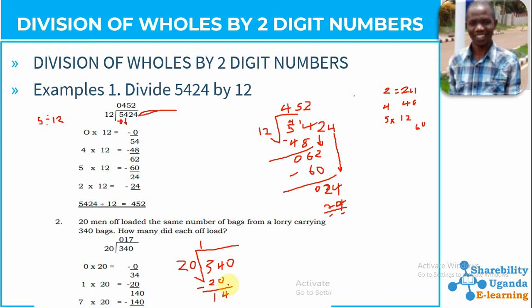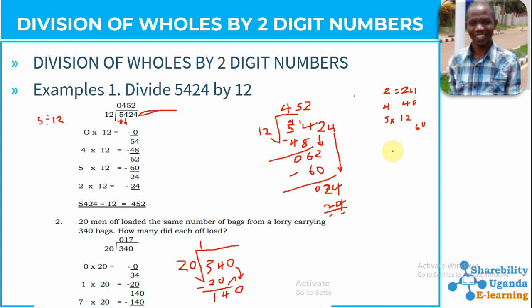Okay, so that means we are now remaining with our 14 divided by 20, which is still impossible. So we bring our 0 here. So that simply means we are going now to divide our 140 divided by 20.